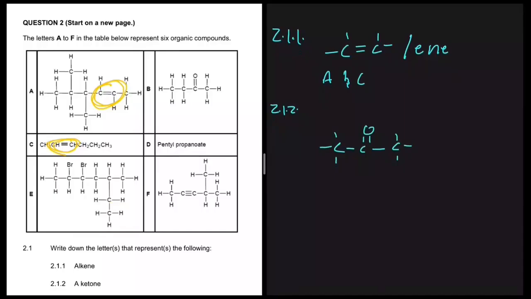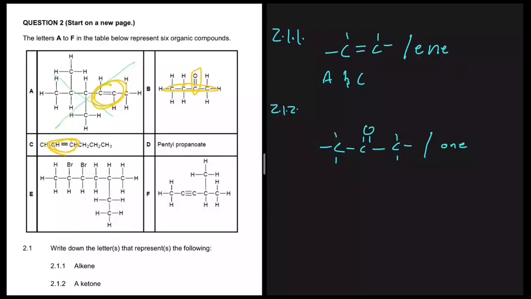If we see something like that, or a name that ends with O-N-E, then we know that we have a ketone. For A, we already know that A is an alkene, so there's no way it can be part of our solution. But if you look at B, we have a carbon here bonded to an oxygen and two other carbons. So clearly B is our ketone.